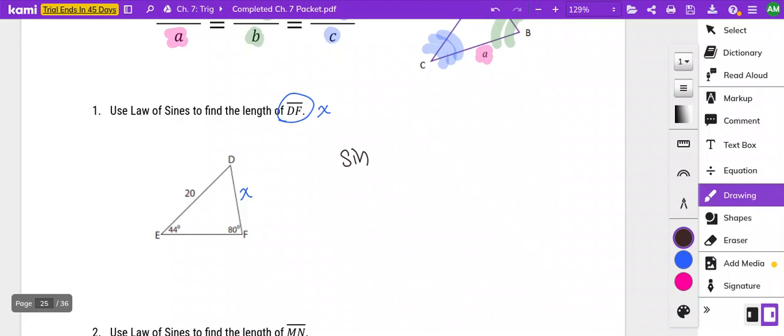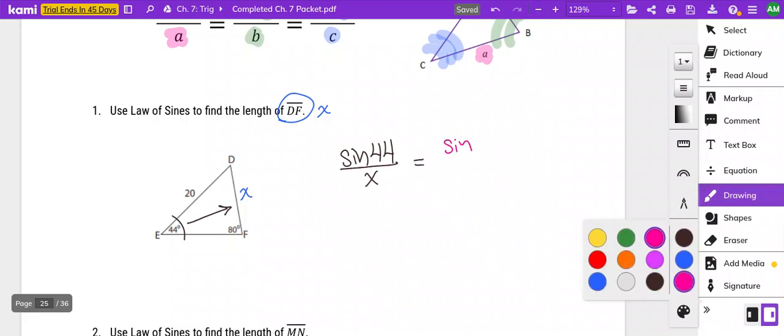So I'm going to pick this angle 44. So the sine of 44 goes over its opposite side. Then in my other ratio, again, I always use sine, but now I'm going to pick another angle that I know, sine of 80, and I'm going to pick its opposite side, 20.